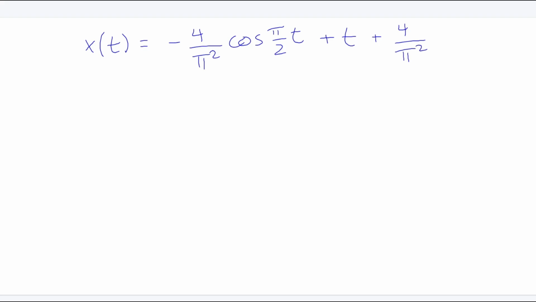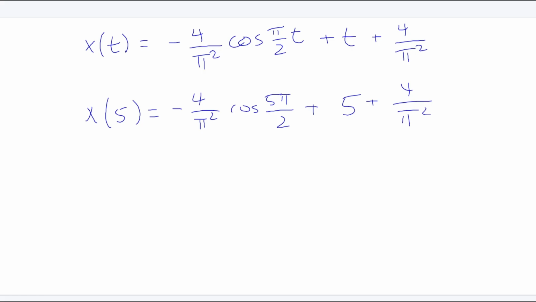And if we want to evaluate that at 5, that's what we were asked for, x of 5, that'll be negative 4 over pi squared cosine of 5 pi over 2 plus 5 plus 4 over pi squared.